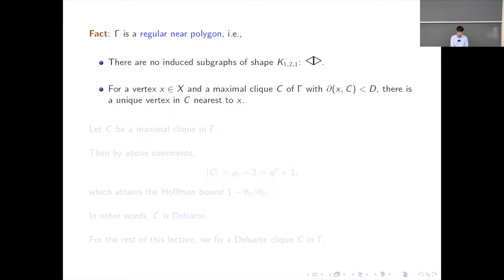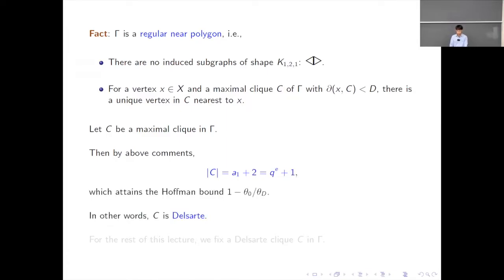Okay, so let C be a maximal clique in Gamma. Then by our comments, the size of C is the intersection number a_1 plus 2. We know what a_1 is. That gives q to the e plus 1, which is exactly equal to the Hoffman bound or Delsarte bound, 1 minus theta_0 over theta_D. So a maximal clique in Gamma is actually Delsarte.